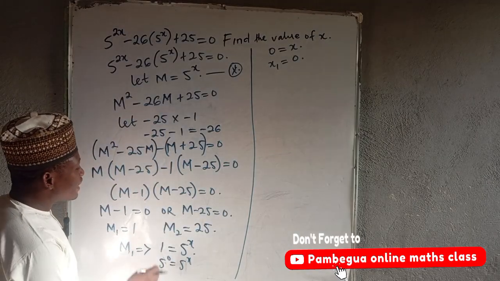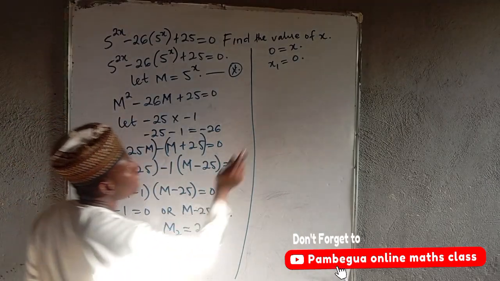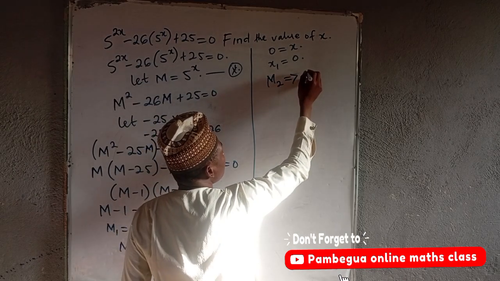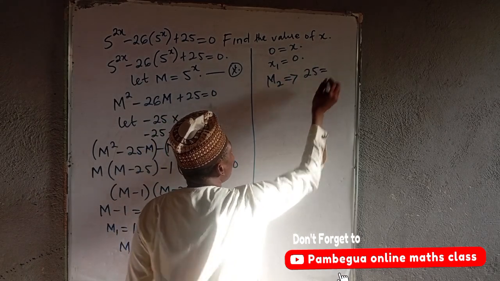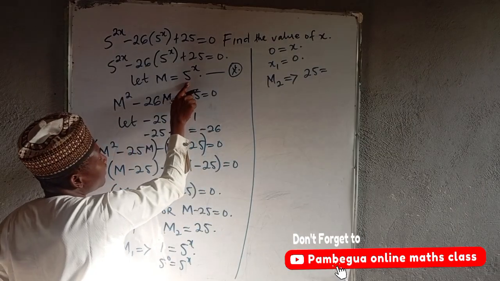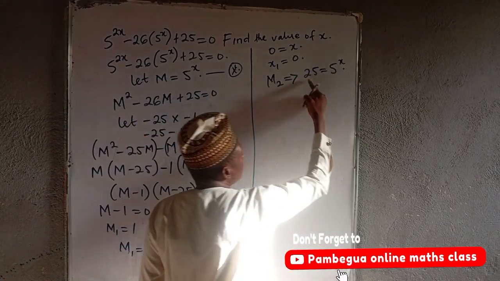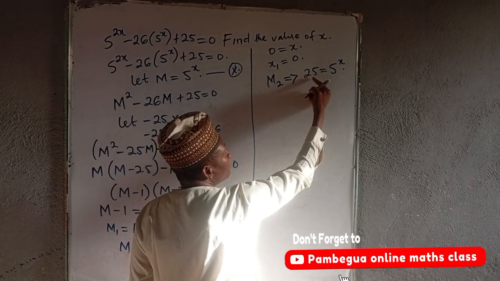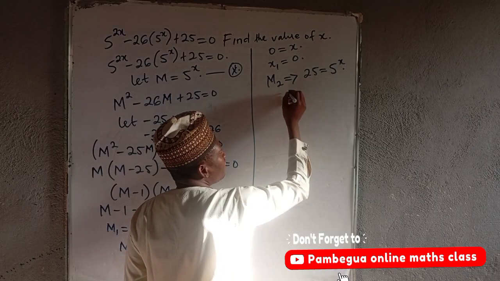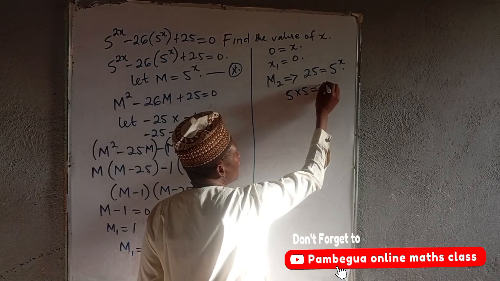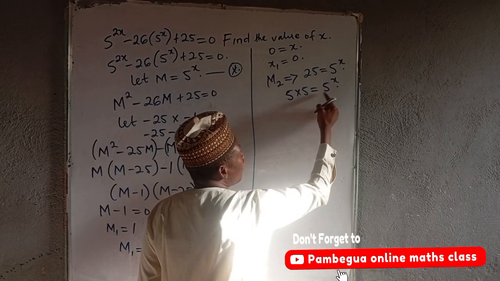Now substituting the second value of m, which is 25, m2 implies 25 equals 5 raised to the power of x. From here, I can say 5 multiplied by 5 is 25, so 25 is 5 raised to the power of 2, which equals 5 raised to the power of x.